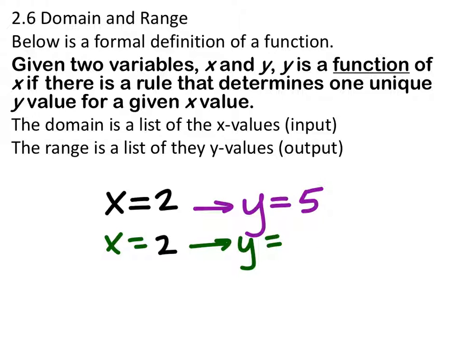If somehow x is 2, and then in green somehow y is something different, like 8, well, now I'm not sure what value I'm going to get when x is 2. I'm not sure what value of y I'm going to get from that. So it's kind of like it's malfunctioning. So if we saw something like this where an x value produces one y value and then later on it produces a different value, then it is not a function.